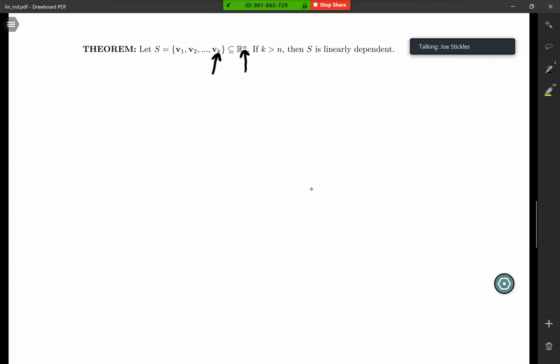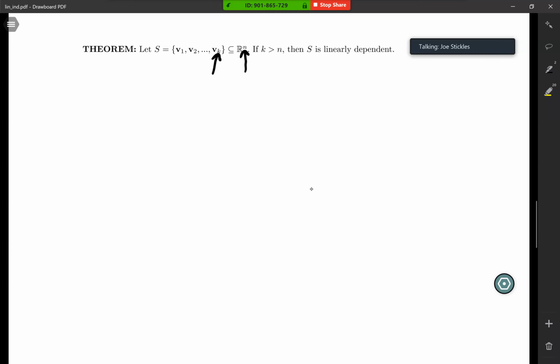If I had R3, I wouldn't need 5 vectors to tell me where something is in R3, because you'd already know in R3 you only need an x direction, a y direction, and a z direction. That's all you need for R3, right? So if I had 5 vectors in here, I know that would be too many. So I wouldn't be able to have coordinates relative to that particular set. So it shouldn't be a huge surprise that if I have too much information, it's going to be linearly dependent as far as that goes.